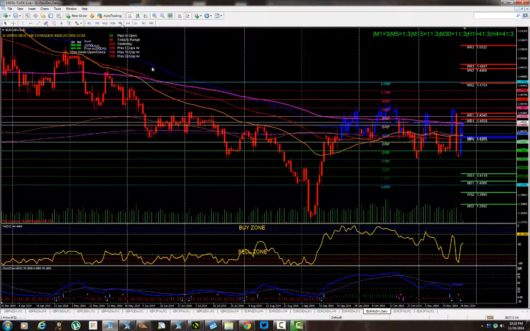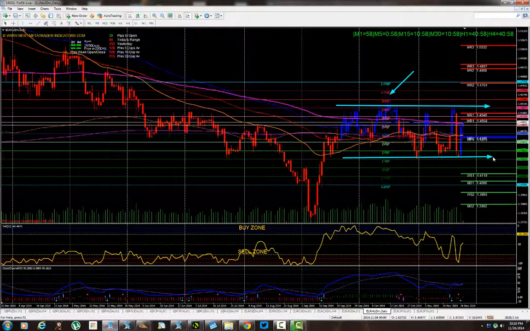We tried to break it a couple times. We have this move up here, but for the most part, we're in this range.